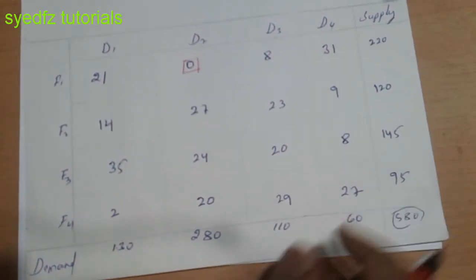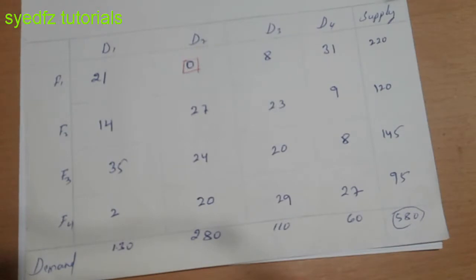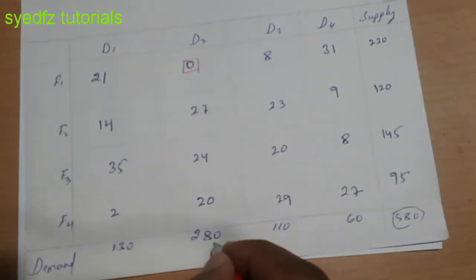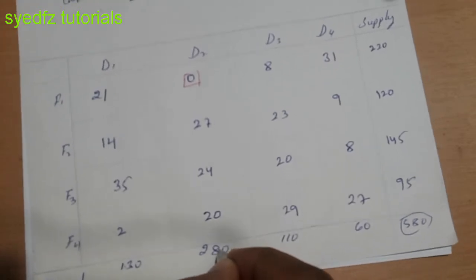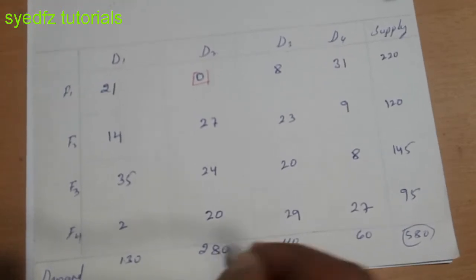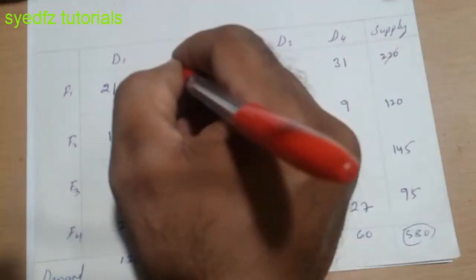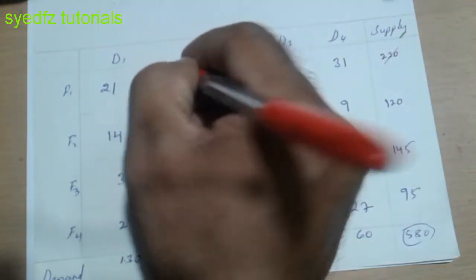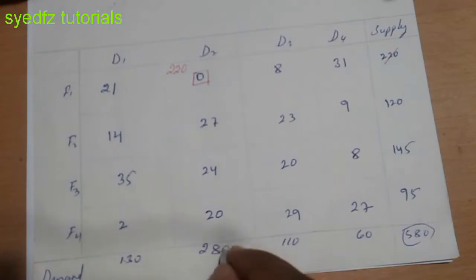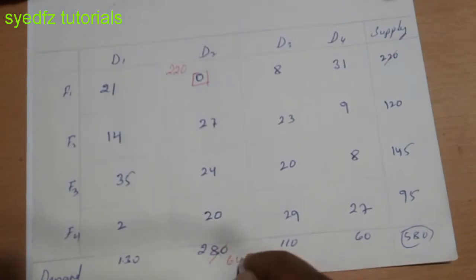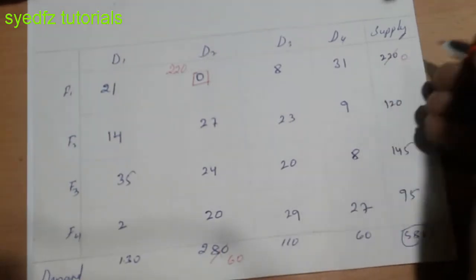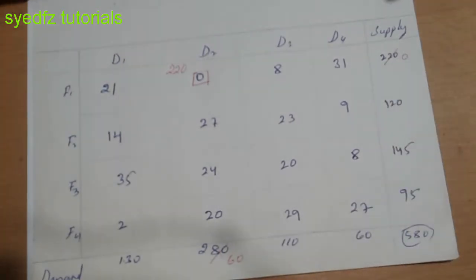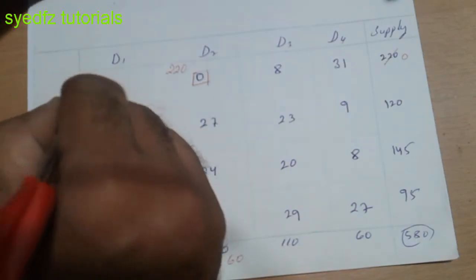We have demand of 280, but supply is only 220, so we can supply 220 overall. The remaining is 60. Supply is over, so deduct this row.